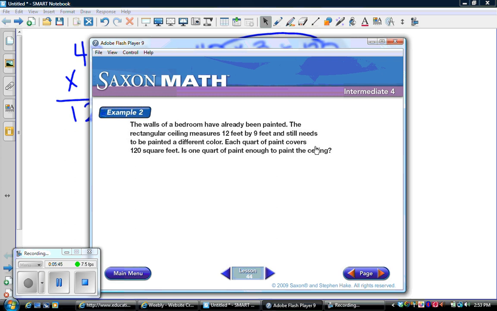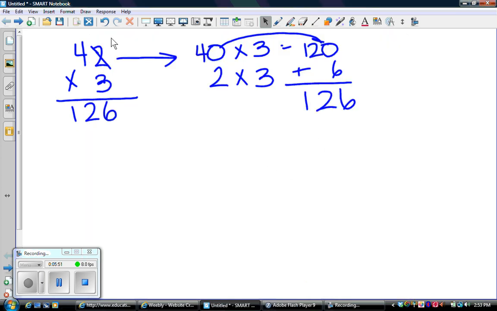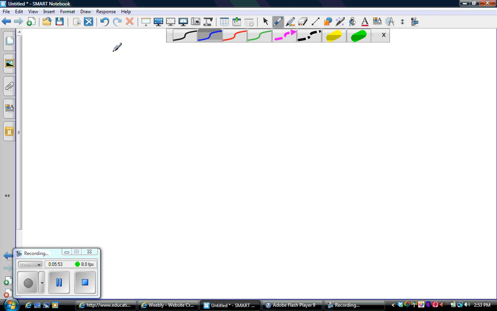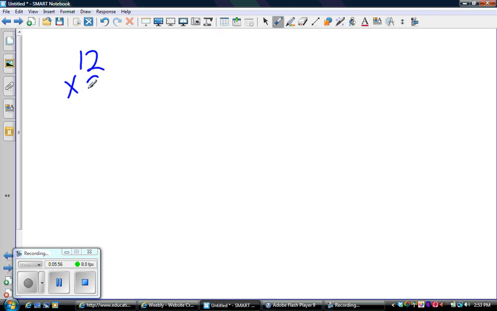So what we have to do is find out what the area is of a 12-foot by 9-foot ceiling. So we're going to do 12 times 9 with our new method. Here we go. We're going to even tap. I want you to get into the tapping. 9 times 2 is 18. So it's a lot like carrying in addition. Okay, we're done with the ones place now. Now we're going to the tens. 9 times 1 is 9 plus 1 is 10.